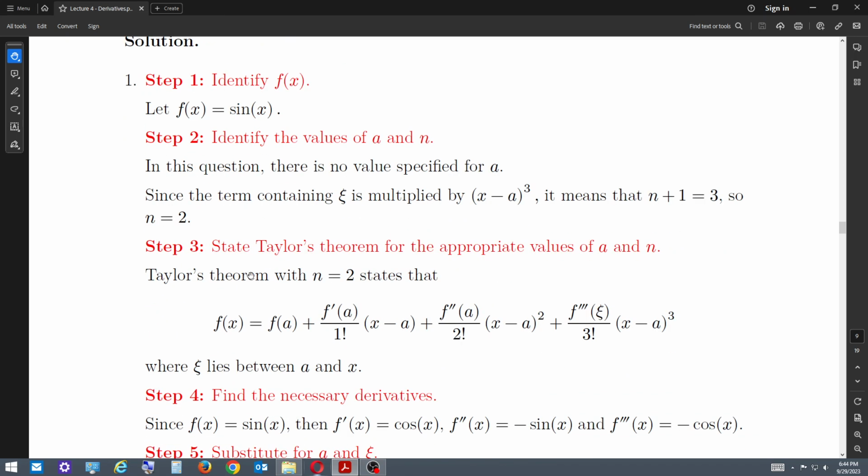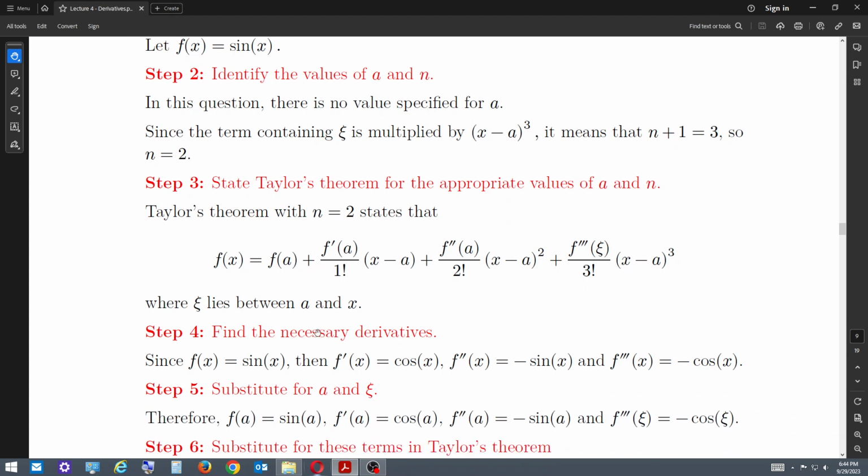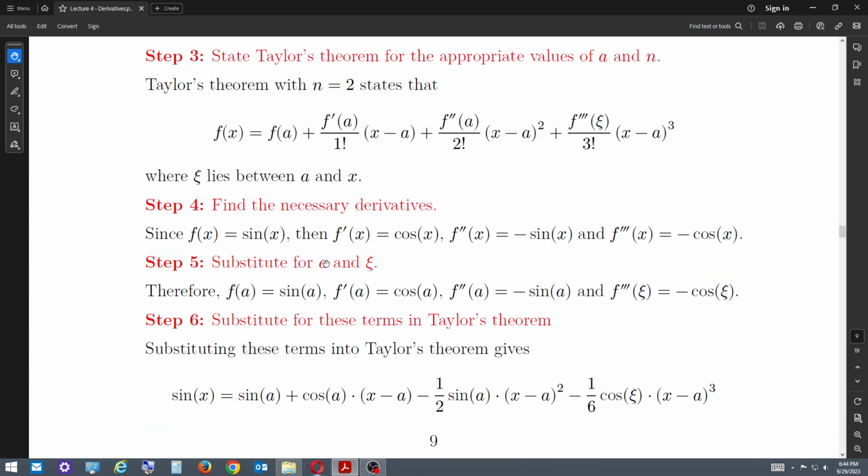So what we do is we state Taylor's theorem using an arbitrary constant a, and we use n is 2. This is Taylor's theorem here, where ξ lies between a and x. We find the necessary derivatives. We substitute for a and ξ. The last one you have to substitute ξ, the previous ones you substitute a.